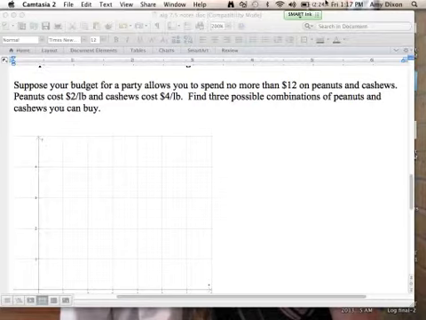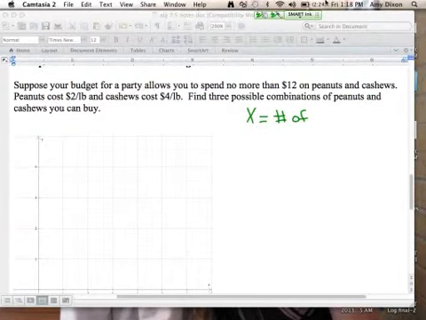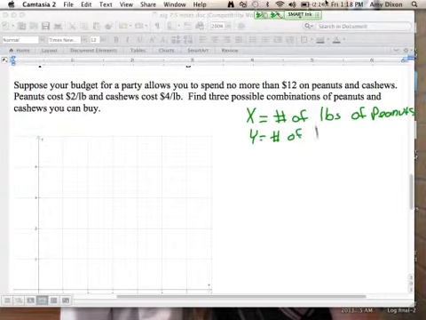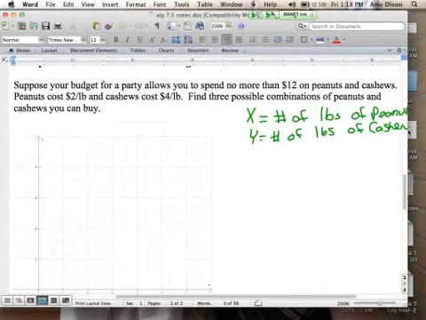So I'm going to go ahead and say that x equals number of pounds of peanuts, and y is the number of pounds of cashews. Okay, so those are our variables x and y.